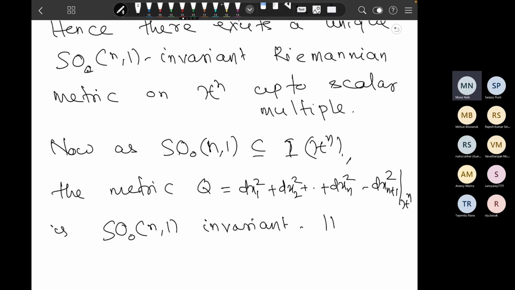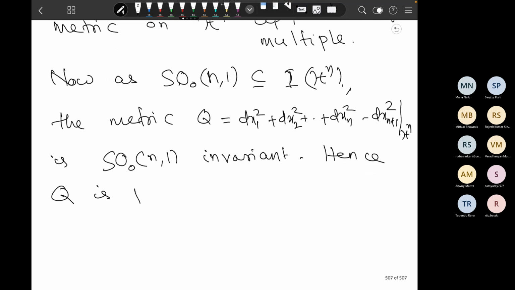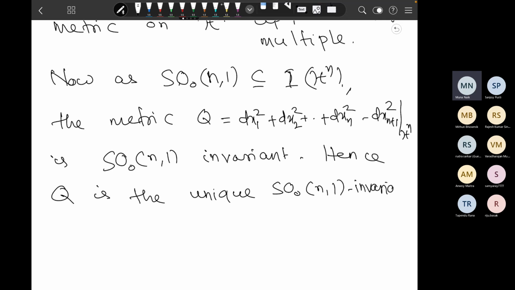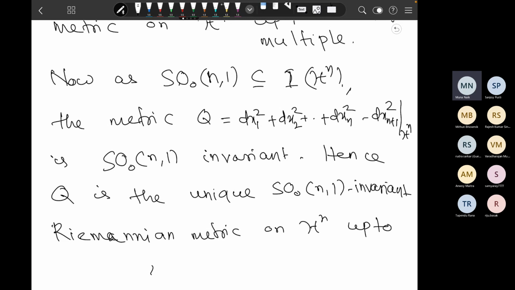Hence, Q is the unique SO_0(n,1)-invariant Riemannian metric on Hn up to scalar multiple. Okay.